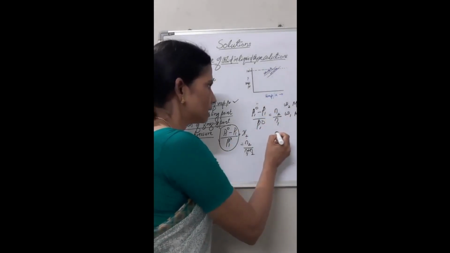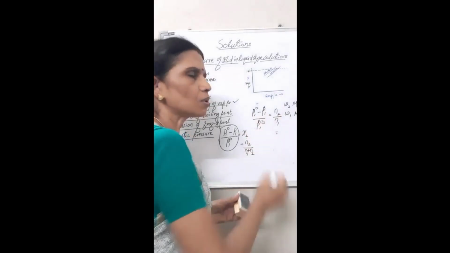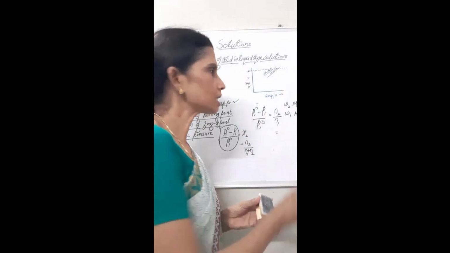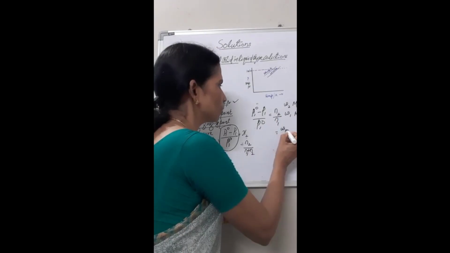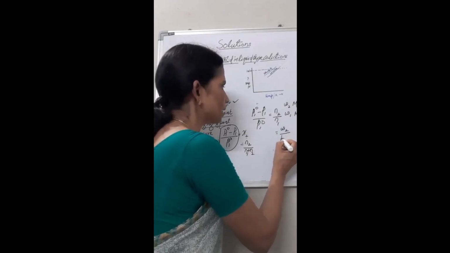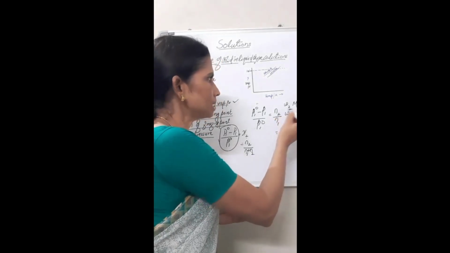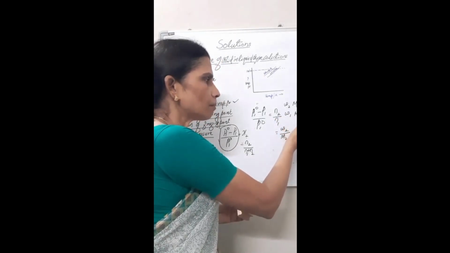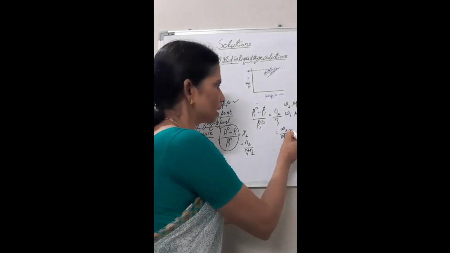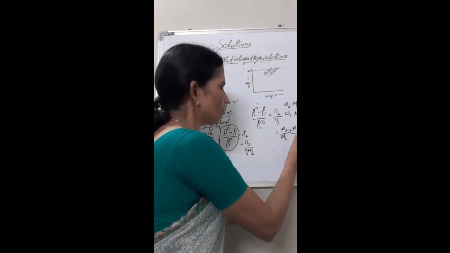Number of moles is equal to mass by molar mass, and therefore this is equal to (W2 by M2) by N1, but N1 is equal to W1 by M1, and therefore we get this into M1 by W1.